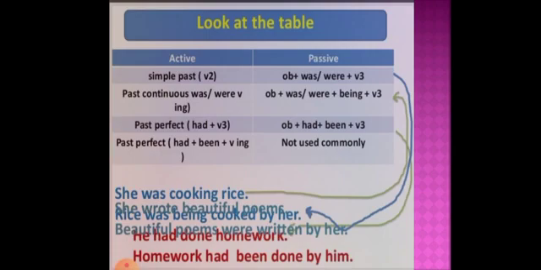Then past perfect, had plus V3, will be changed as object plus had been plus V3. For example, he had done homework. Homework had been done by him.